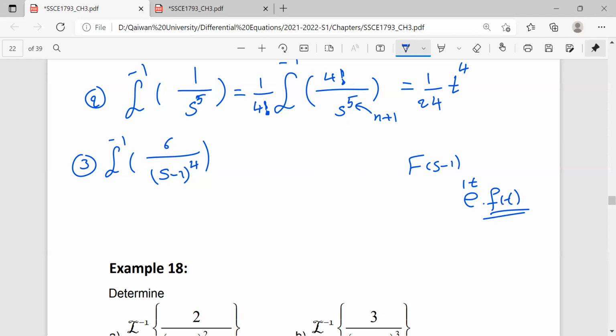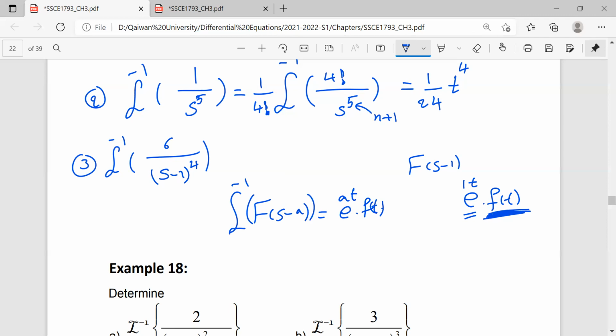If we have capital F of s minus a, then the Laplace inverse of this must be e to the power at times f of t. Here a is 1. That means we must have e to the power 1t. And now we are looking for f of t.